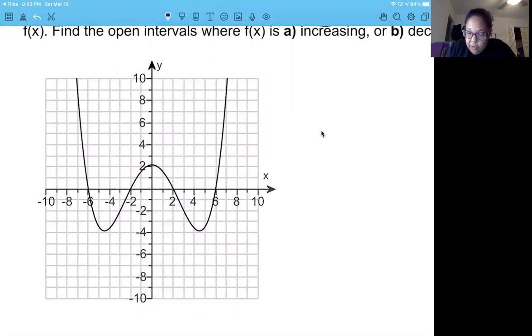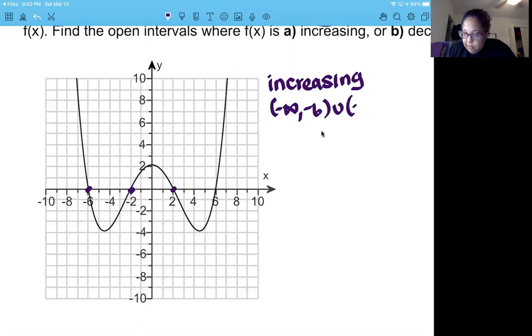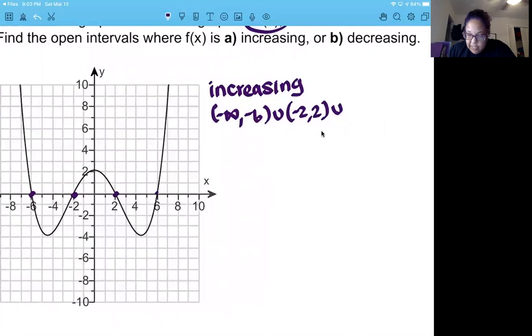So it's increasing from -infinity to -6, from -2 to 2, and 6 to infinity.